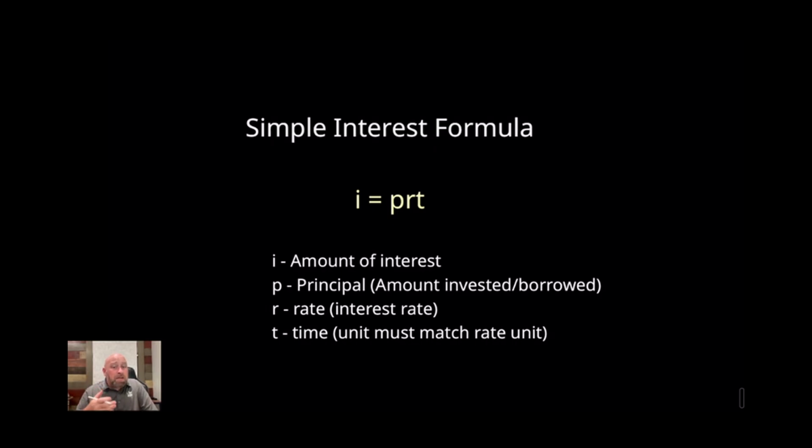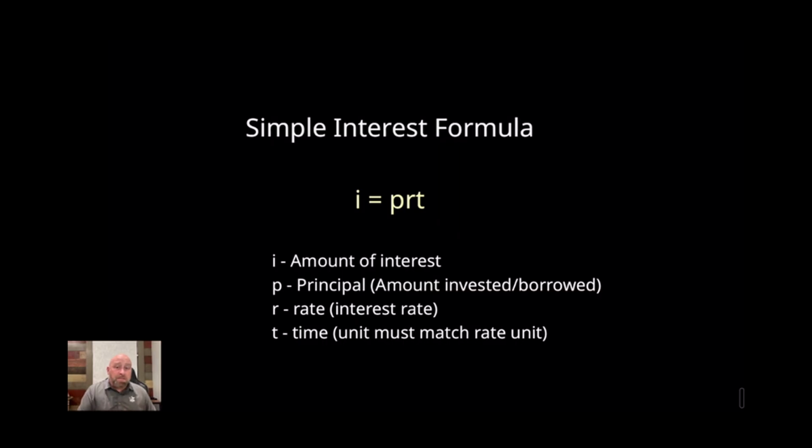You might have to pay the bank back $1,200 because you borrowed the money. They let you use the money this time. But it's also called interest, whether you let the bank use the money or the bank lets you use the money. It's the same word, same name, interest. Okay, so that's what this is, the amount of interest.